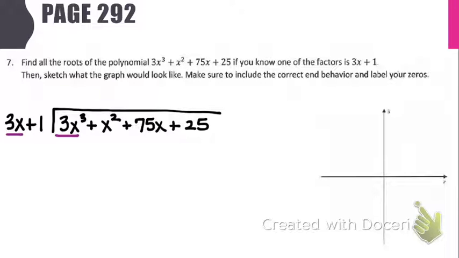So take 3x cubed and divide it by 3x. And you get x squared, put that at the top.